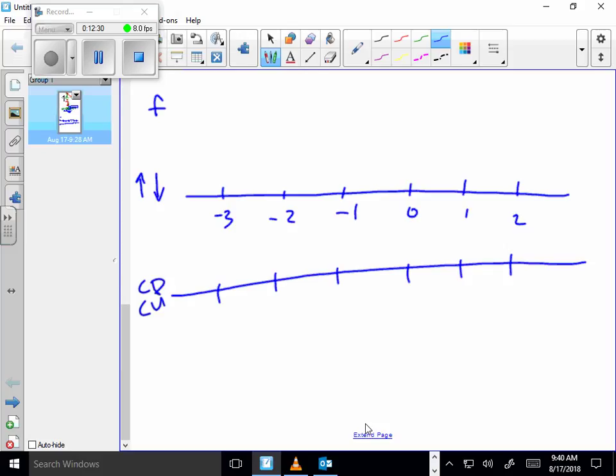So let's process some of that information. Concave down on negative infinity to negative 2. So I'm concave down. Concave up on negative 2 to 2 and 2 to infinity. Concave up throughout.